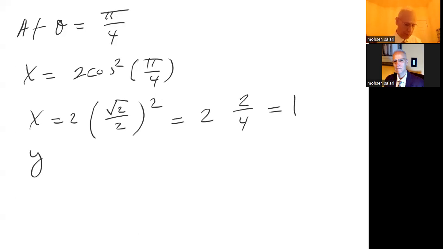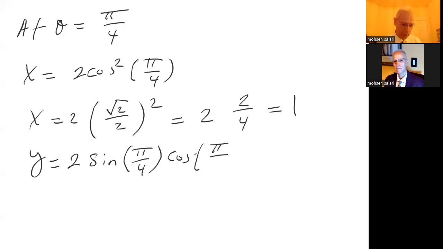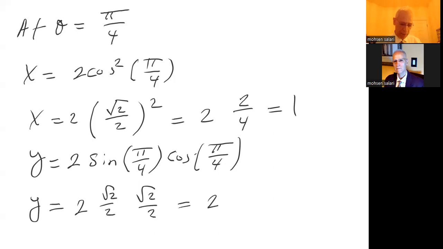And y equals 2 sine of pi over 4 times cosine of pi over 4. So y equals 2 times root 2 over 2 times root 2 over 2. That gives me 2 times 2 over 4, which is 1 again. So the coordinate point that I'm looking for is 1, 1. Okay, thanks.